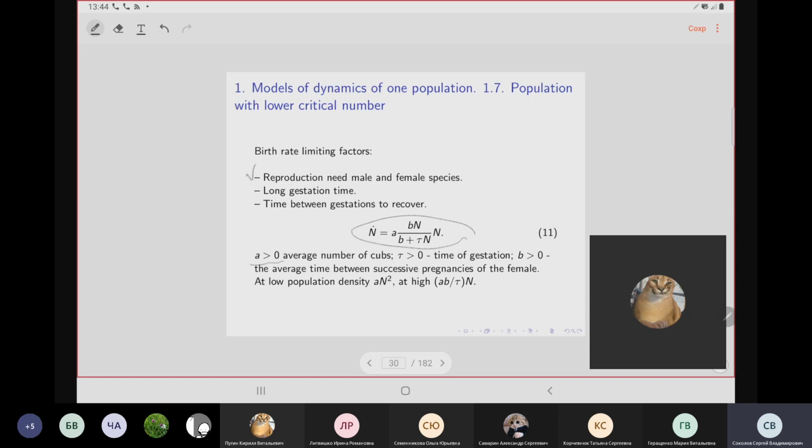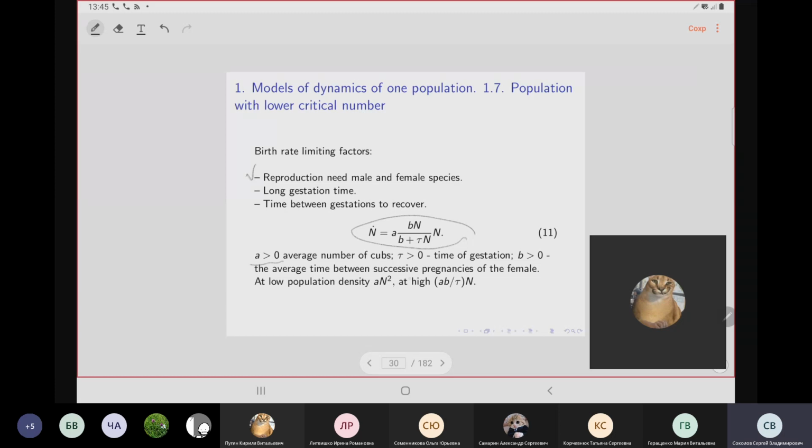For the human population, it is like 1 point something small, because there are not too many twins, triplets, and so on. But if we consider, for example, cats, the average number of kittens is, I think, closer to 4 or 5. Sometimes there is 1 kitten, and sometimes there can be 7 kittens. So the average is closer to 3 or 4.